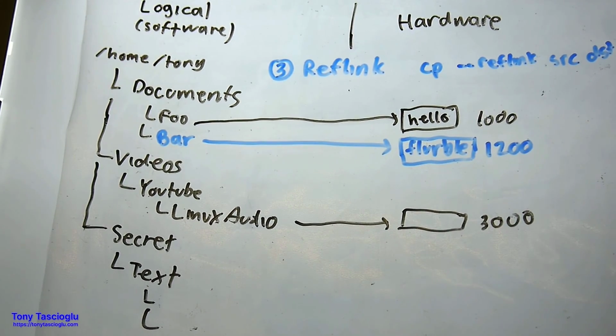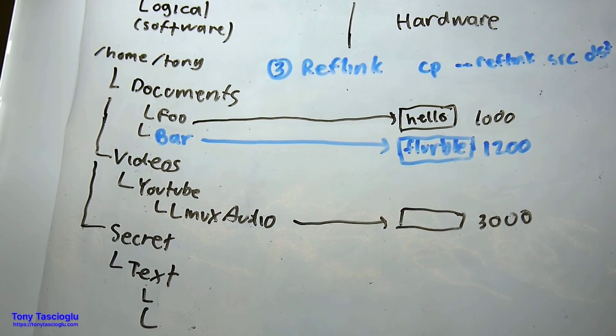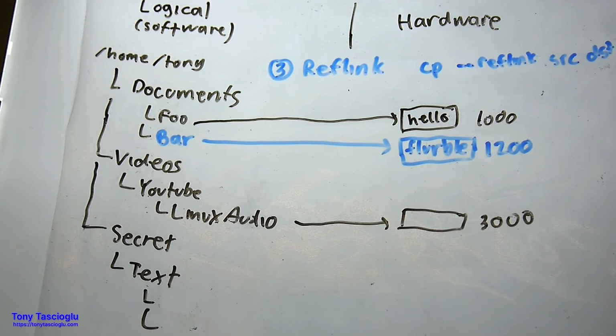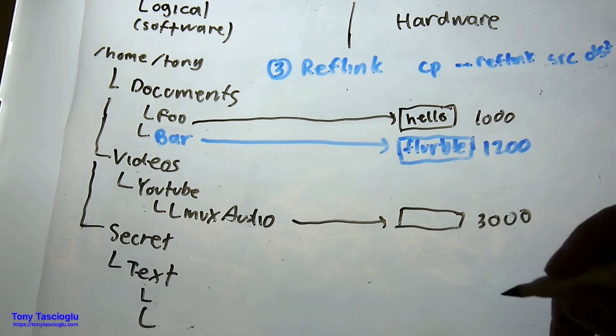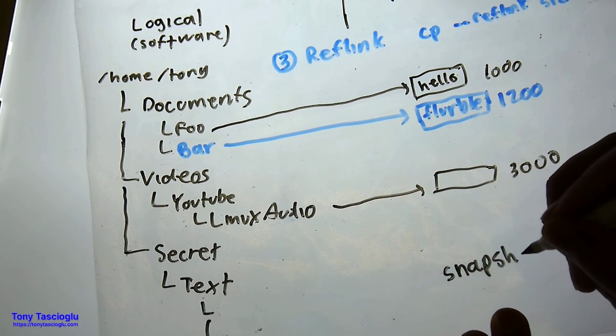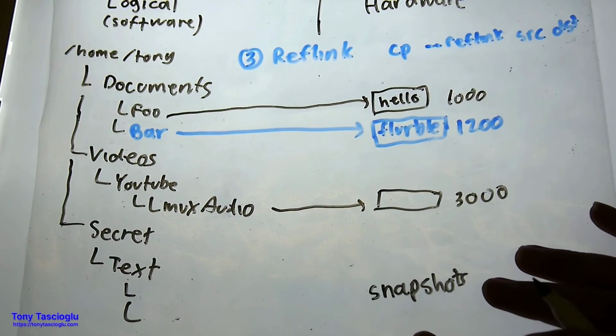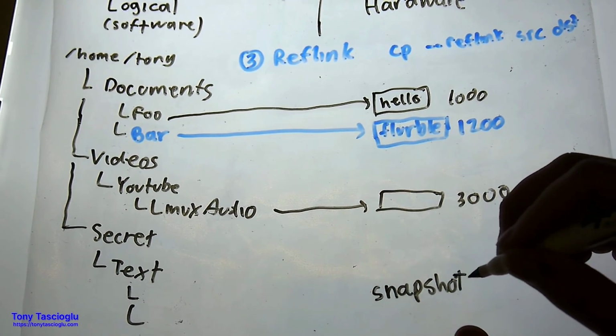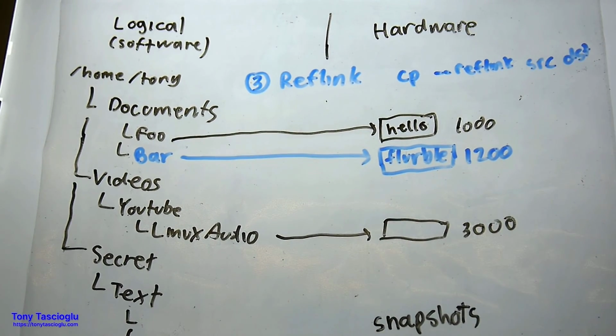This is great because ButterFS uses copy on write functionality in numerous places within the file system. For example, one of the best features of ButterFS is that it allows for snapshots. A snapshot is kind of like a backup. I mean, that's what it sounds like. It's basically you save the file system at that point.